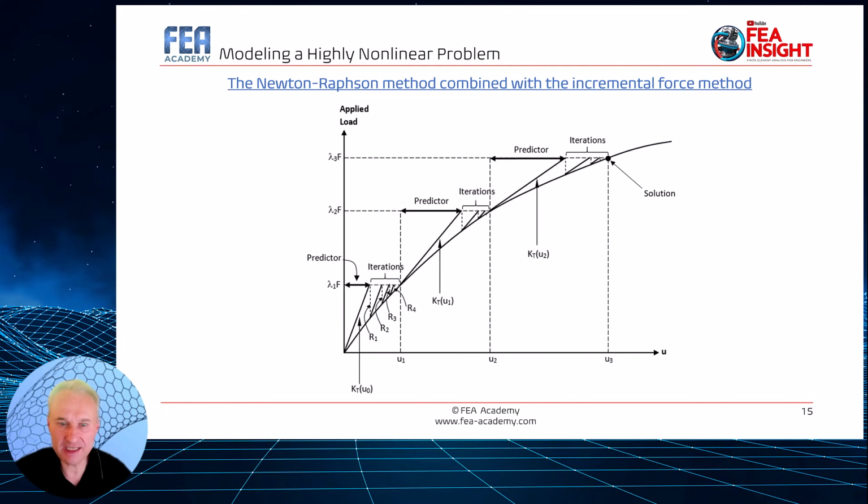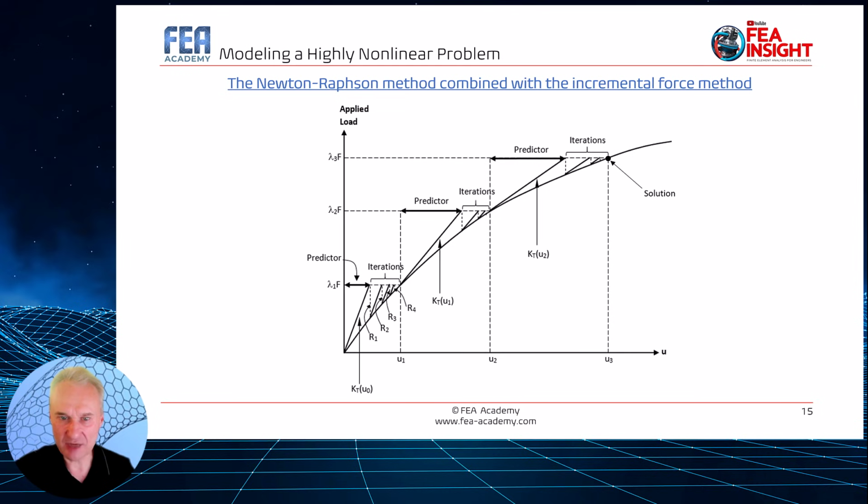The loading is applied gradually in increments. So you see here we have a certain percentage of the load, another percentage, and another. You don't start with 100% of the load. You start with, let's say, 10%, then 20%, then 30%, and you progress like that.